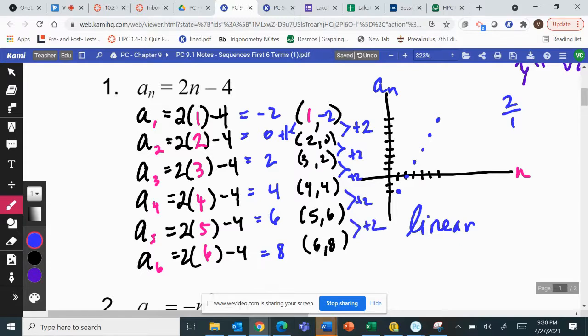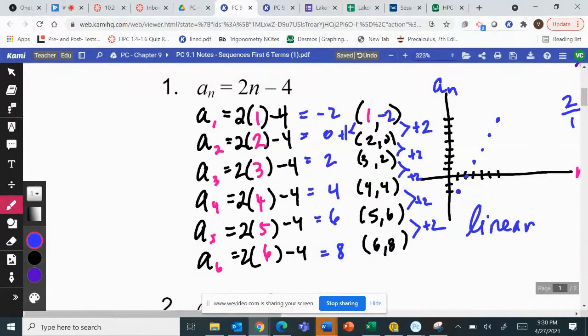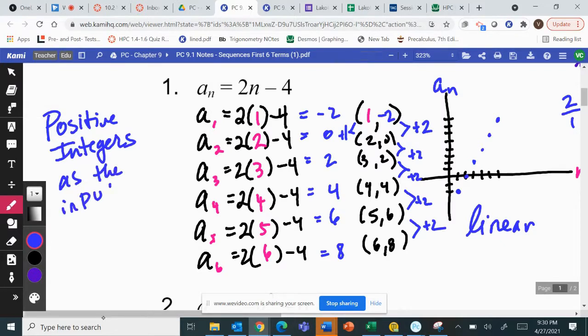Now, I'm not going to connect the dots. When we do sequences, we only use the positive integers as our input.